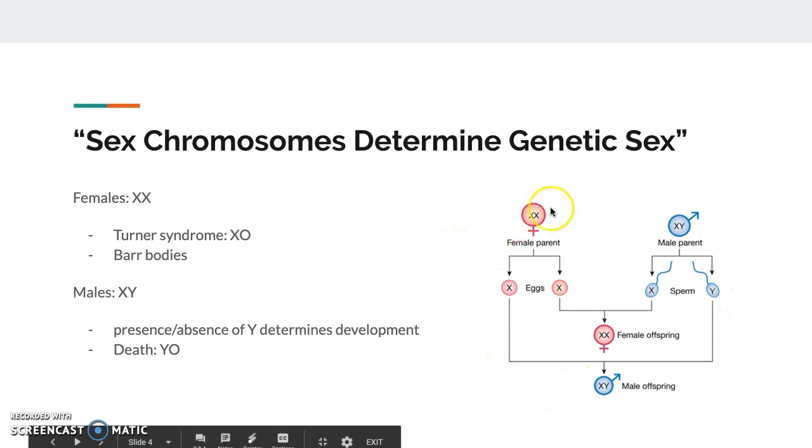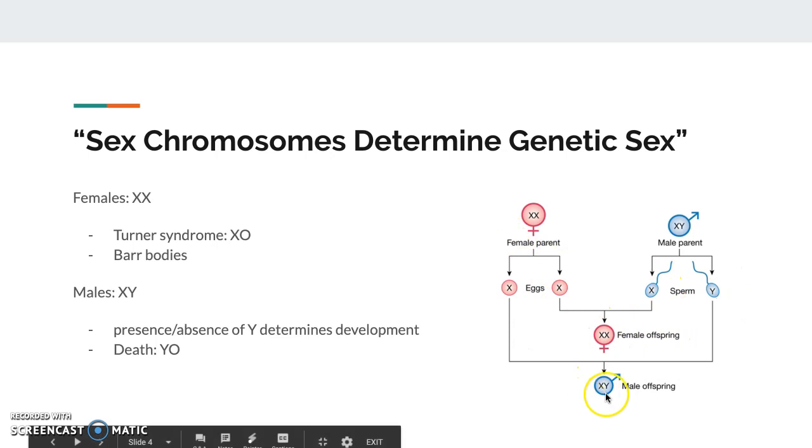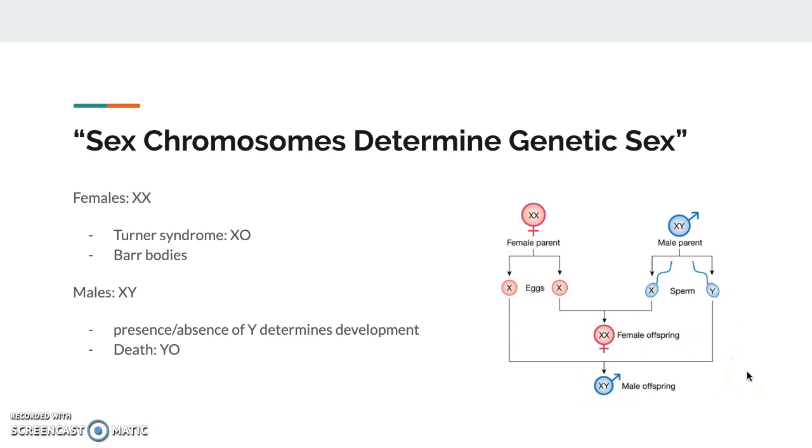A female parent has XX, and a male has XY, because each gender does have an X chromosome, and it's the Y that determines whether the fetus will develop as a male or female. You can see here, the female produces X eggs, and the male produces X and Y sperm. The combinations are: XX, female offspring, and XY, male offspring. It makes sense. I think this chart is really helpful too.